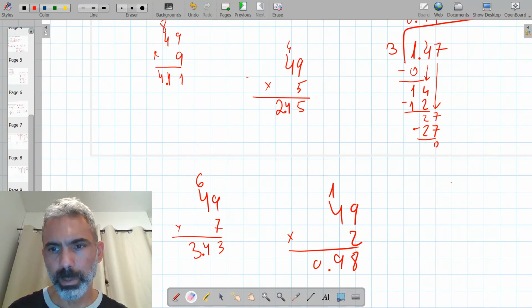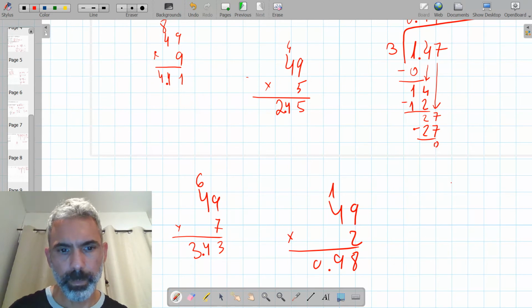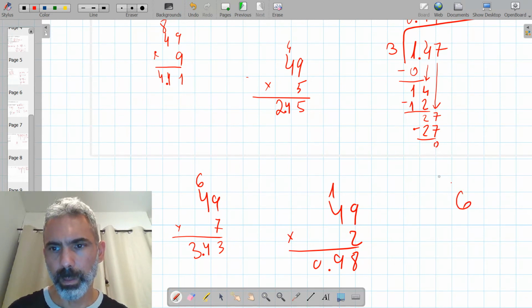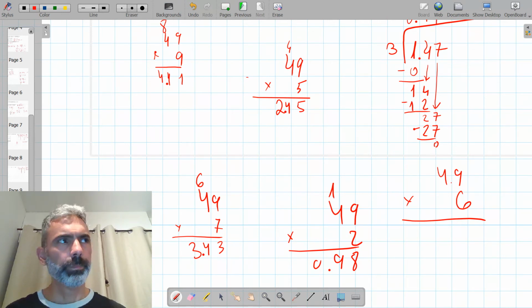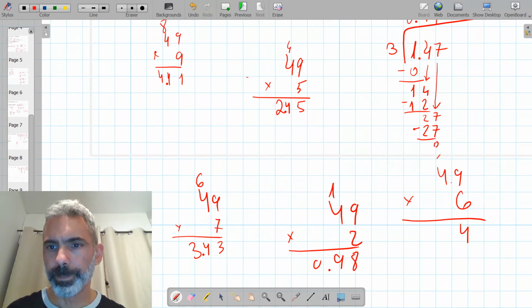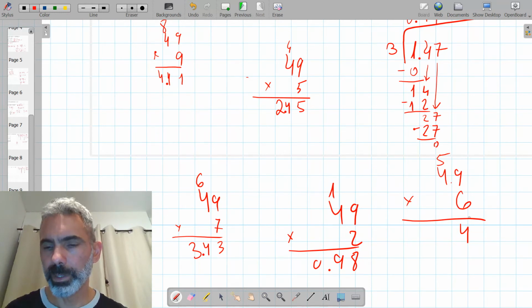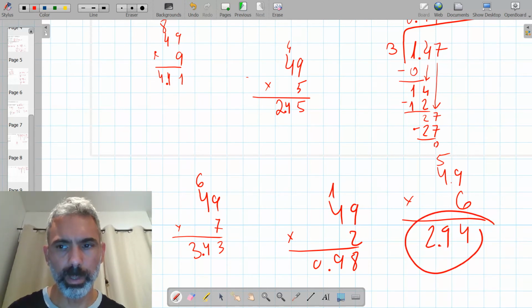6 pounds, 49 cents. 9 times 6 is 54. 4 times 6 is 24 plus 5 is 29. So this is good.